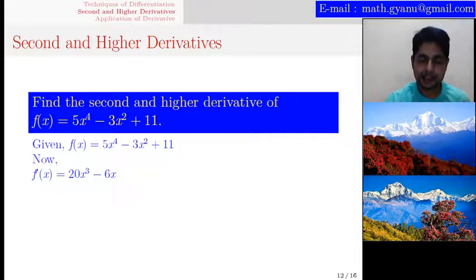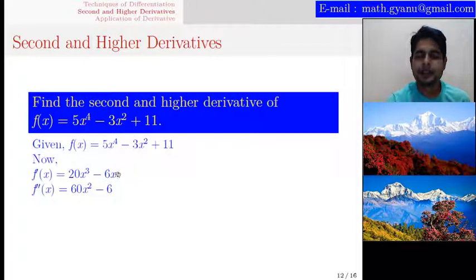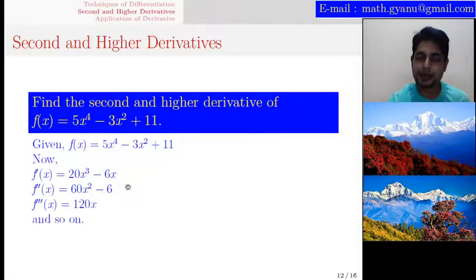That is the first derivative. Again differentiating, it will be denoted by f double prime x, and 20 x cube will be after differentiation 60 x square, and the differential coefficient of 6x will be 6. So 60 x square minus 6 is the second derivative. In the same manner, the third derivative will be 120 x and so on. Similarly, you will compute the fourth derivative, fifth derivative.